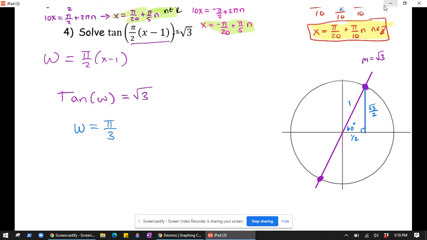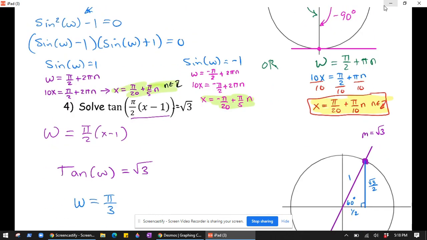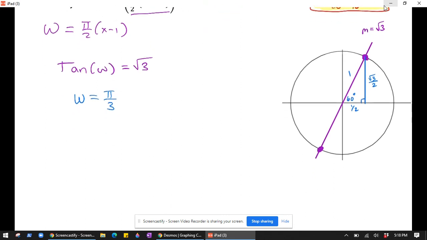Now here again, let's be succinct, like we were above when we noticed the answers were located pi radians apart. Let's just note that to get to this answer here, we just have to add 180 degrees. You add 180 degrees, you get to this angle, which corresponds to another answer.